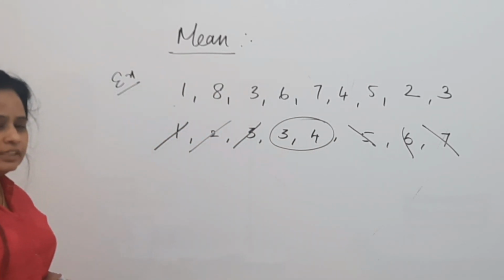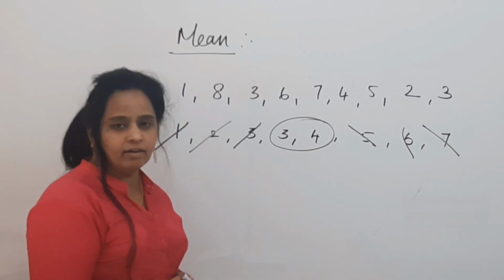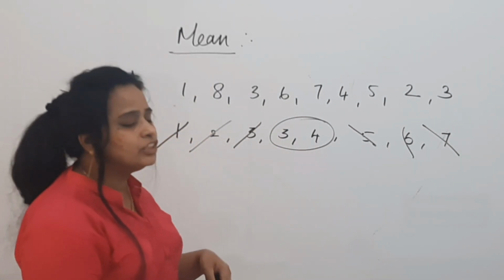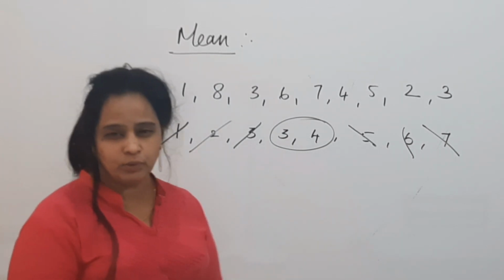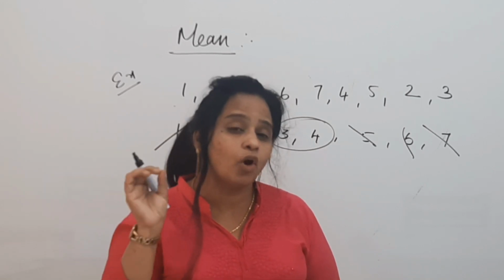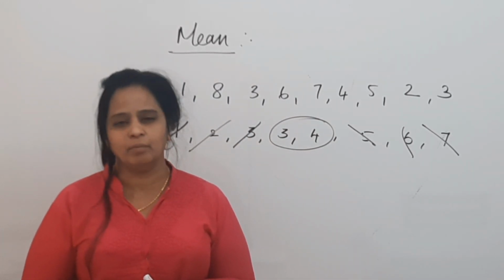You understand now, the middle values are observed. It is not one single value, whereas for the previous example, we saw a single value. That means the number of observations is odd, so you get the middle value as a single number.